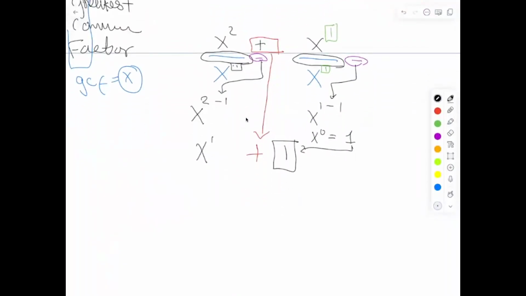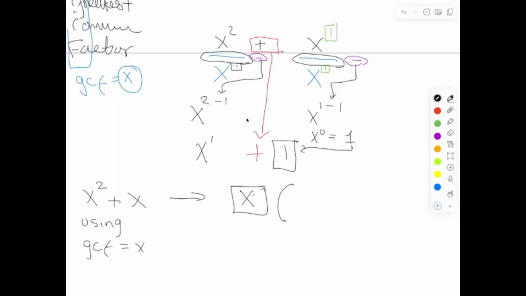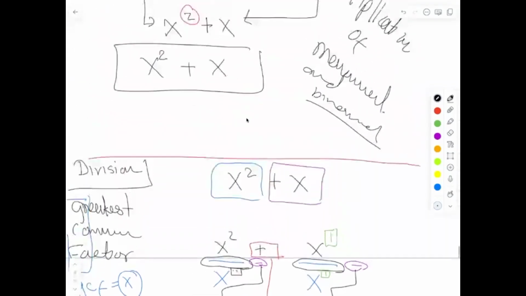So, x squared plus x using my greatest common factor, which in this case is x, is going to give me x. I used x to now have the answer of x plus 1. Did I get the same problem back? I started with that problem earlier.